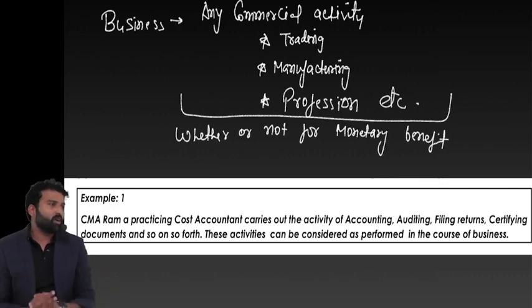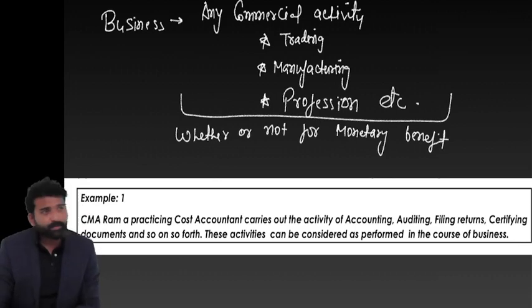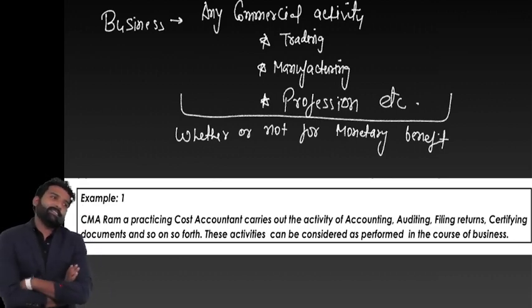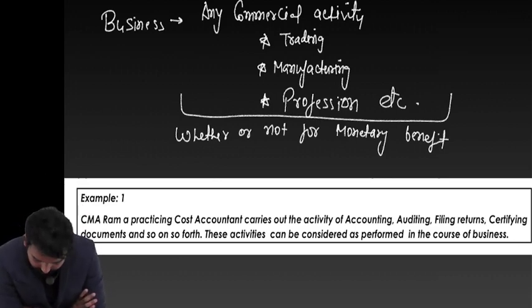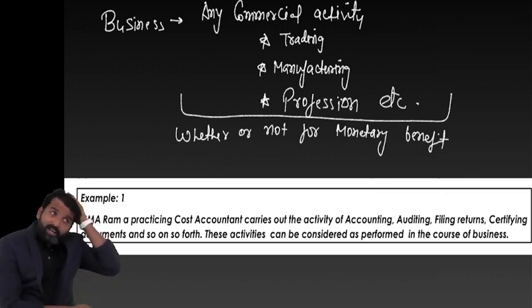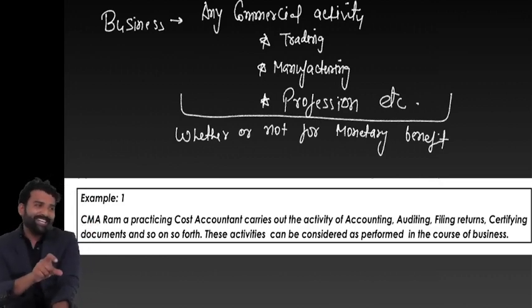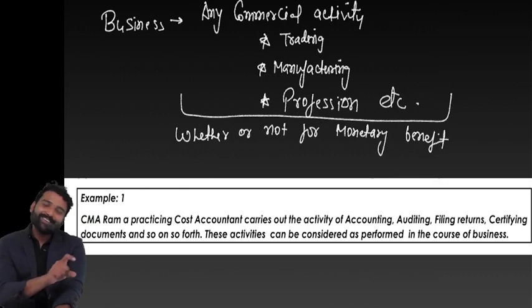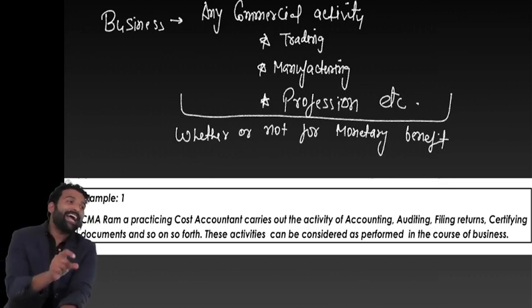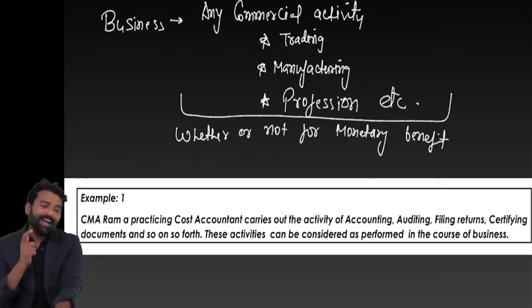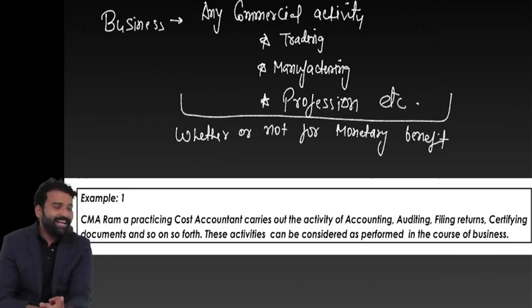So if my total turnover is 40, my threshold limit is exactly 40, so I am not crossing. If it is 40 lakh 1 rupee, then I am liable to get registered. The border is 40.